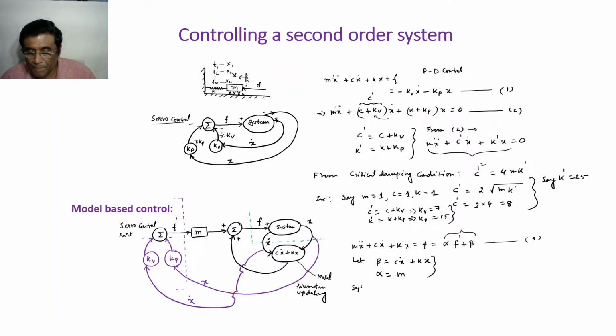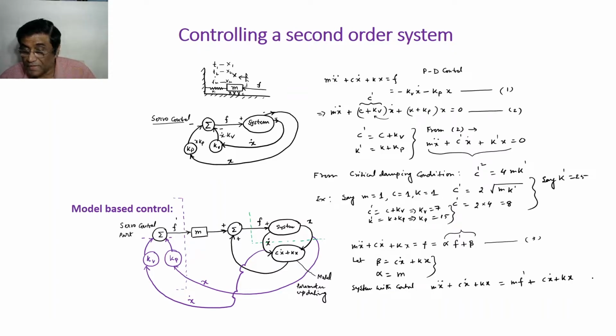The system with control becomes m x double dot plus c x dot plus kx equals alpha, meaning m a prime plus c x dot plus kx.